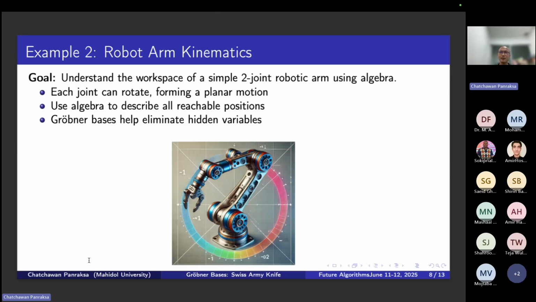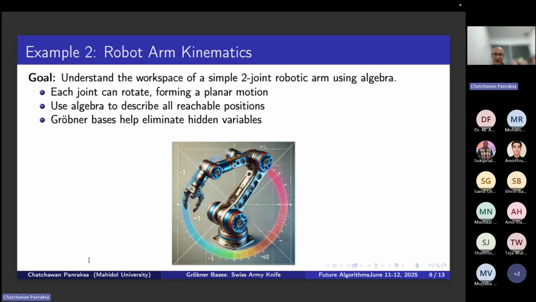Now if we move on to a robotic application, and simplify the model to just the two-dimensional case, we can think about the robot arm as a two-joint robotic arm. One question is, how can we design a robot arm so that it can reach toward any working space that we want?